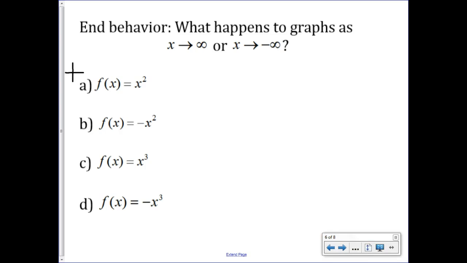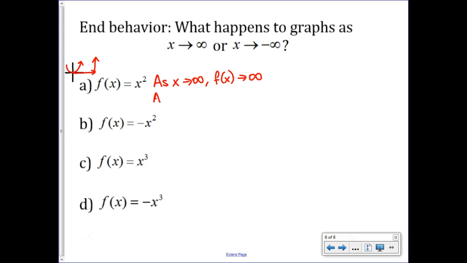I have x squared. So as I'm heading all the way to the right here, my graph is going up to the sky. So as x approaches infinity, my y value, or f of x, is also approaching infinity. As I go all the way to the right, I'm going all the way up.